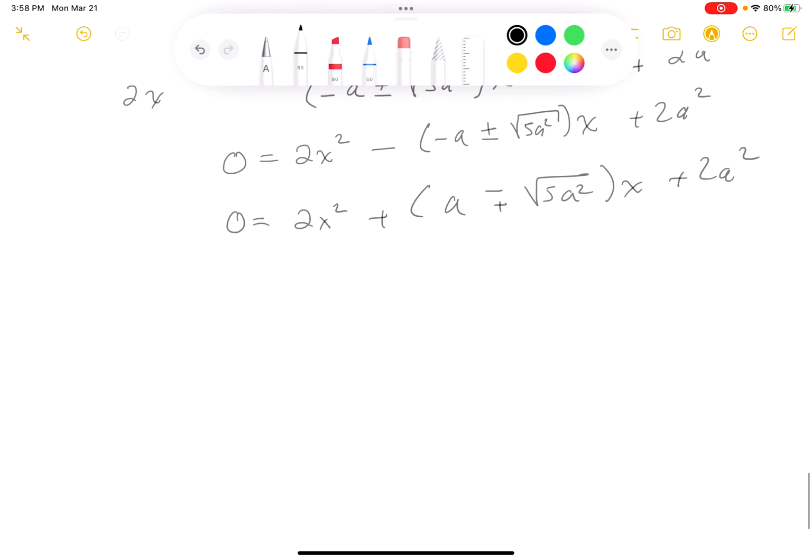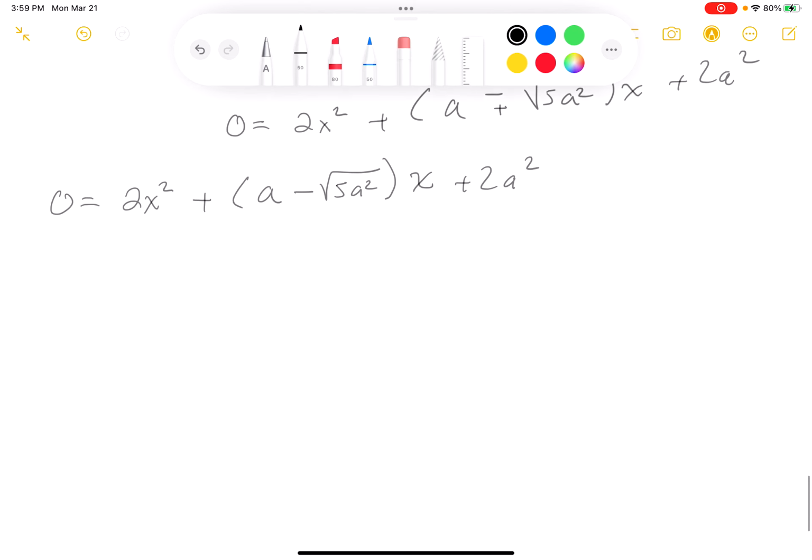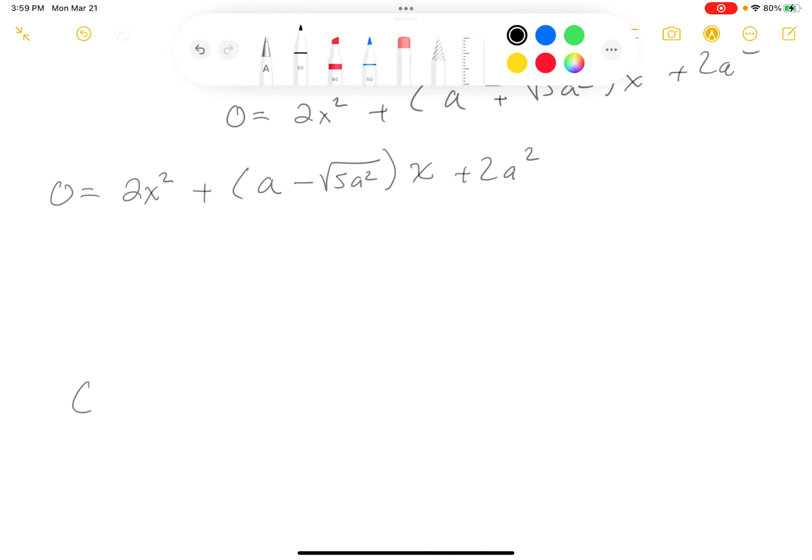All right, I got 2 equations. I'll write them down for you. Don't be alarmed. That's one equation. Let's write the other one down.